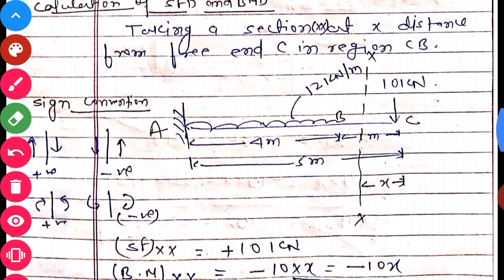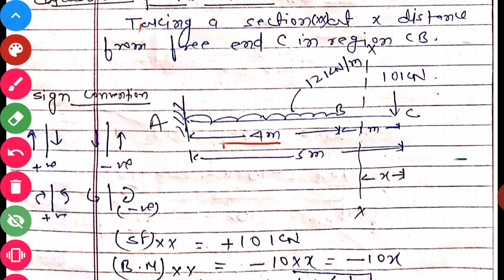Same here, this is a beam, and how do we define the regions? We count the number of forces, because there are two forces: the 10 kN point load and the 12 kN per meter UDL, so there are two regions. The number of forces and the number of regions is the same. If the number of forces is 2, the number of regions is 2. The UDL is one force and there is a point load, so there are 3 points or 2 regions.